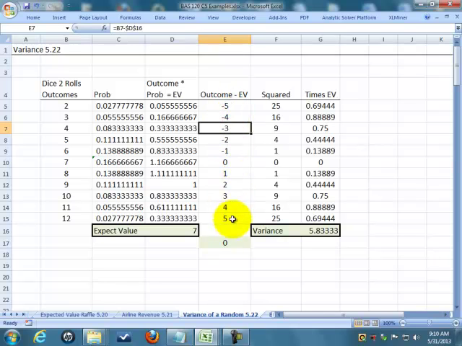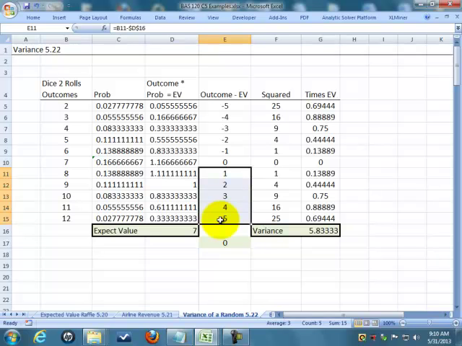Now, notice one thing, and this will be a recurring theme in variance and standard deviation. If we average up all the deviations from what we expect, we're going to get 0, because the negatives and the positives are going to offset each other. So we're going to accomplish nothing.